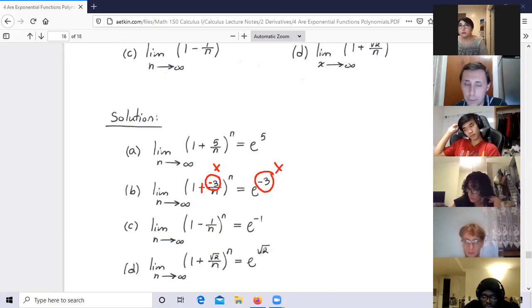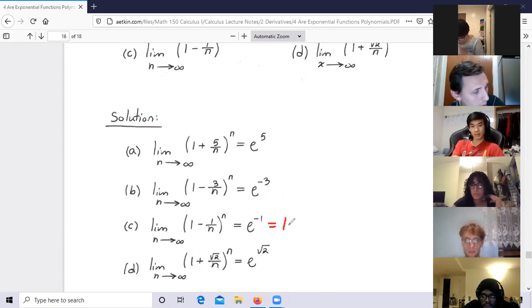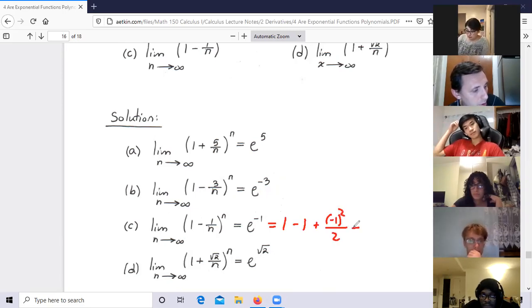And how to calculate what this means, we already looked at before. Let's say, how do I calculate e to the minus 1? How does a calculator do that, for example? So e to the minus 1, remember that, right, guys? If not, stay after class and we can discuss that. What is this? This is 1 minus 1 plus (minus 1) squared divided by 2 plus (minus 1) cubed divided by 6 and onwards.